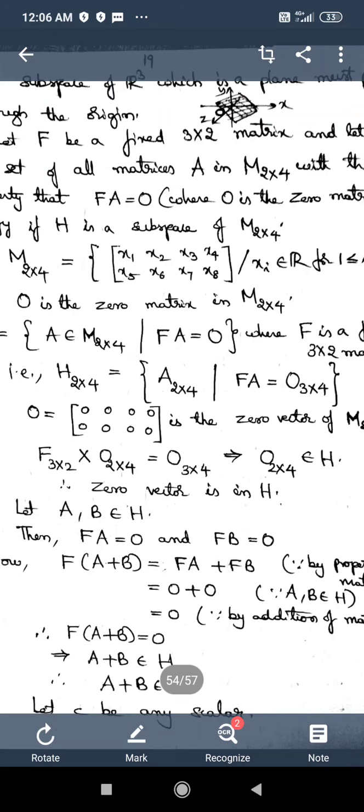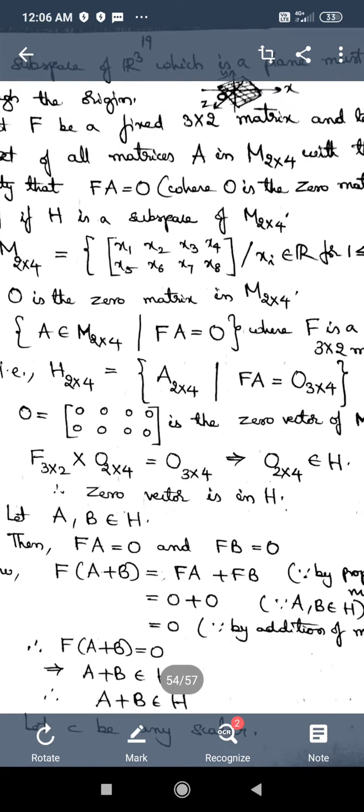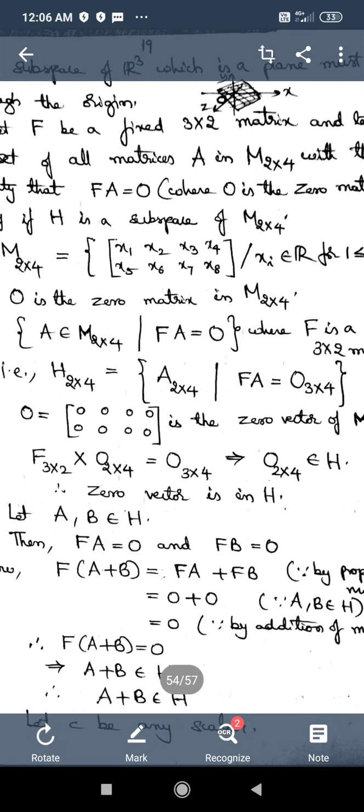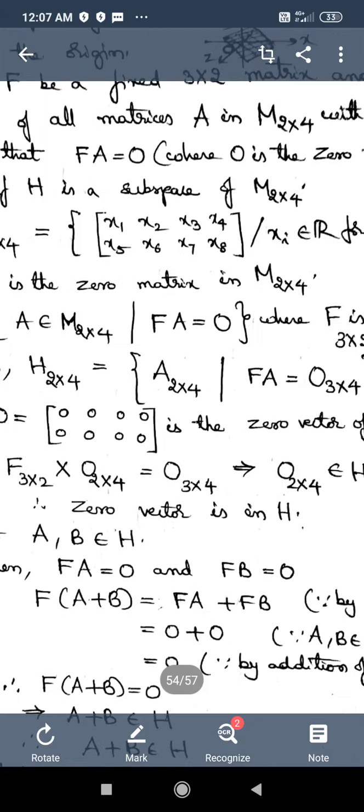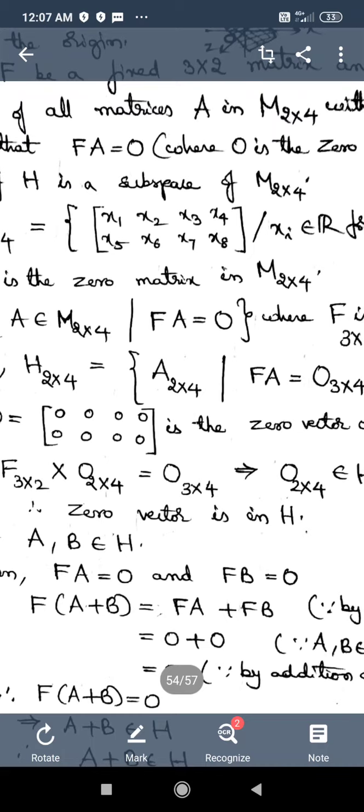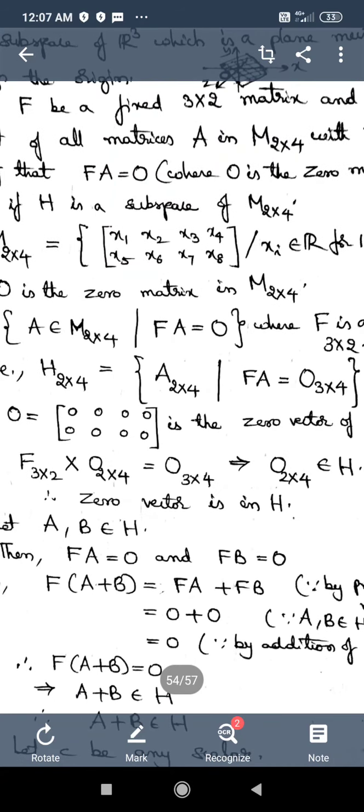Do remember that F is a matrix of order 3 by 2 and A is a matrix of order 2 by 4. When we multiply a 3 by 2 matrix with a 2 by 4 matrix, we get a 3 by 4 matrix, and here it is O, the 0 matrix. So when F is multiplied by A, we get a 0 matrix of order 3 by 4.